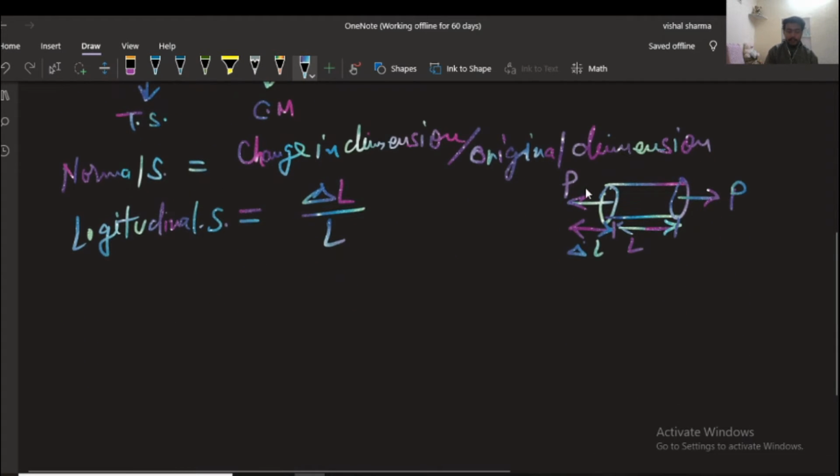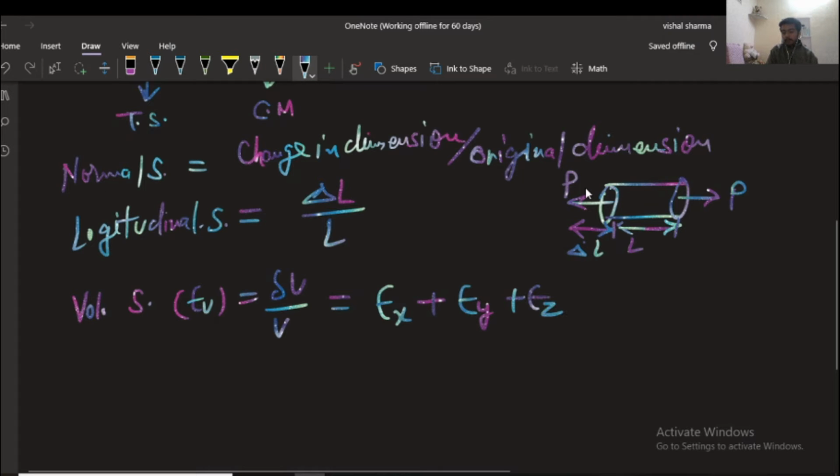Next one is the volumetric strain. Volumetric strain is given by the change in the total volume. So volumetric strain is the change in volume to the original volume, which is the summation of strain in the x direction, y direction, and z direction.